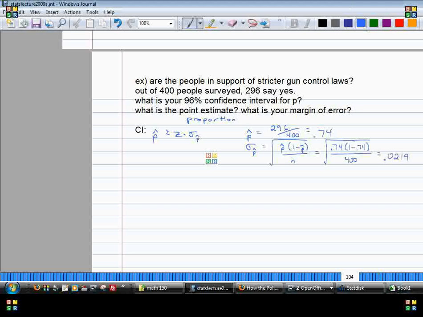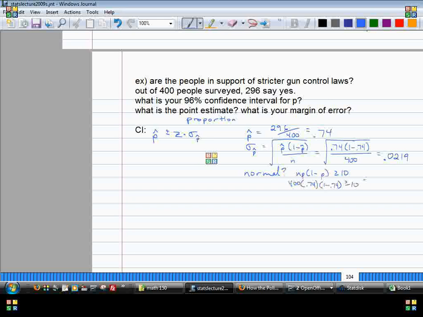Next. Yes. Is it normal? And how do we see if it's normal? Is that at least 10? So we got 400 times 0.74 because we're using p hat, and then 1 minus 0.74.